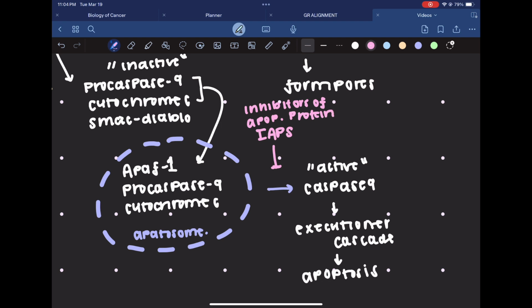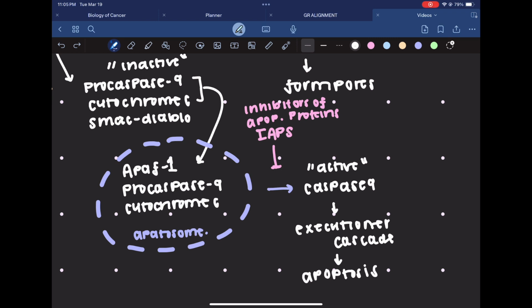And our IAPs are going to inhibit this conversion of procaspase 9 into caspase 9, its active form. So that's the role of our IAPs. They're an inhibitory protein in this pathway.